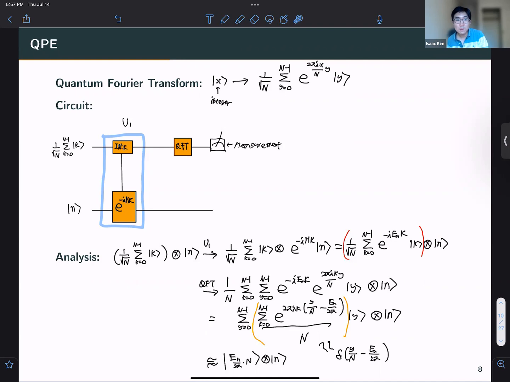Okay? So that's one of the things that quantum phase estimation is very good at. It's a process to read off the eigenenergy if your input is the eigenstate.